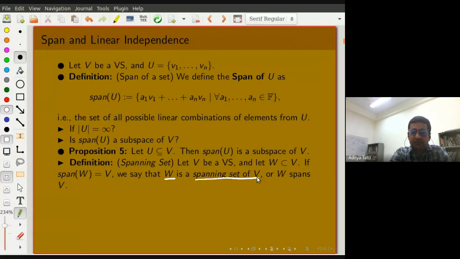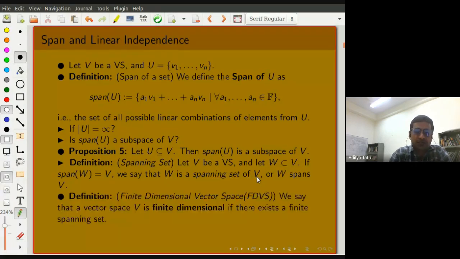And using this definition of spanning set, we now define what is called a finite dimensional vector space.